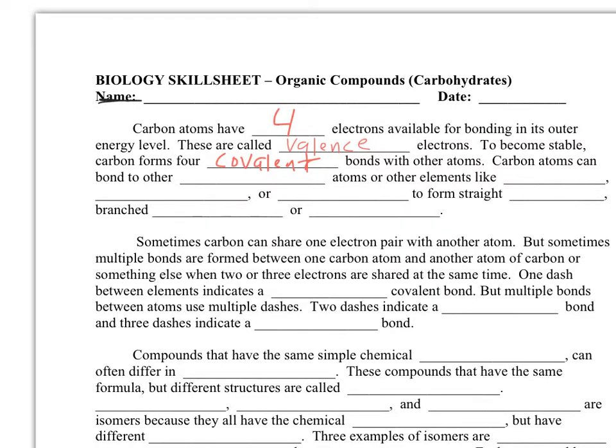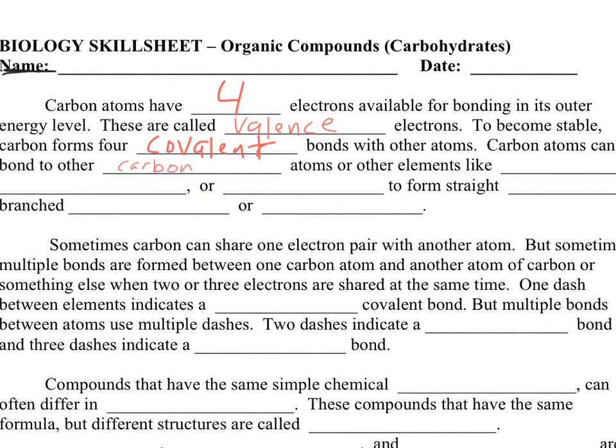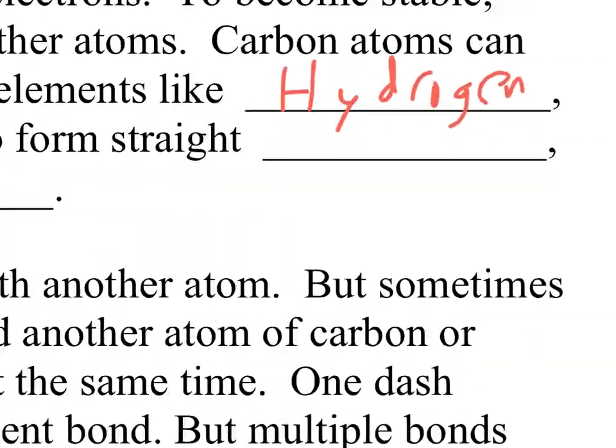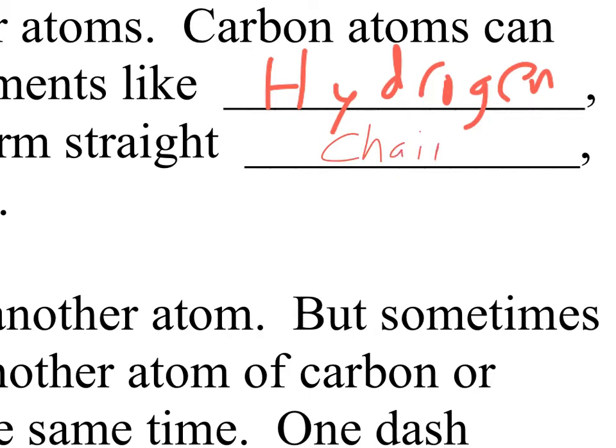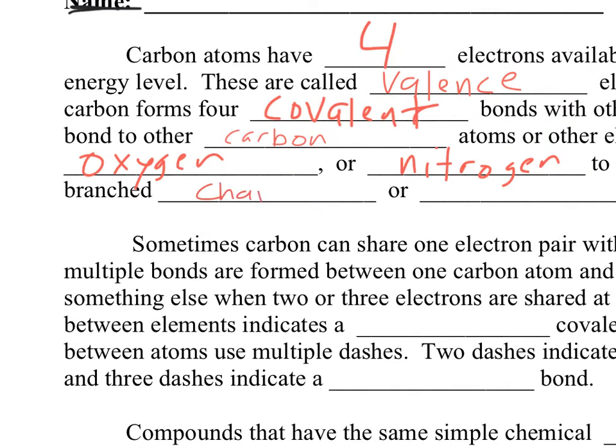Carbon atoms can bond to other blank atoms, so other carbon atoms, or other elements like hydrogen, oxygen, or nitrogen, to form straight chains, branched chains, or rings.